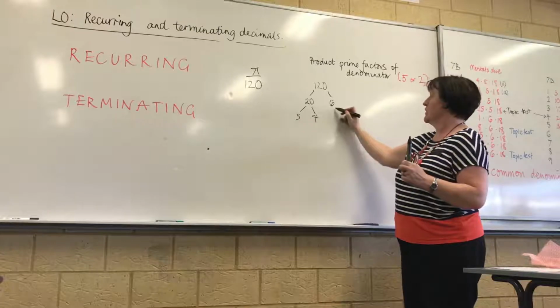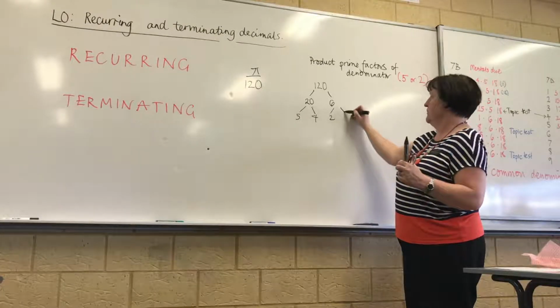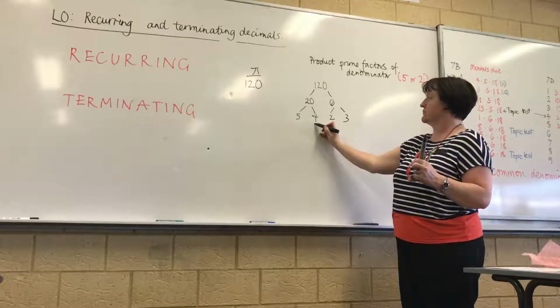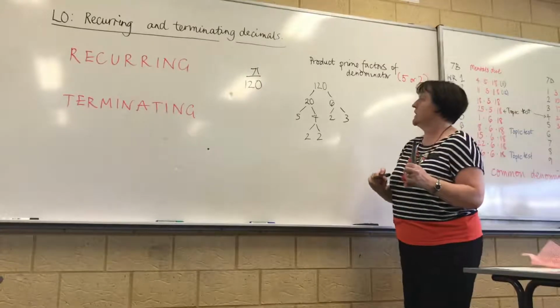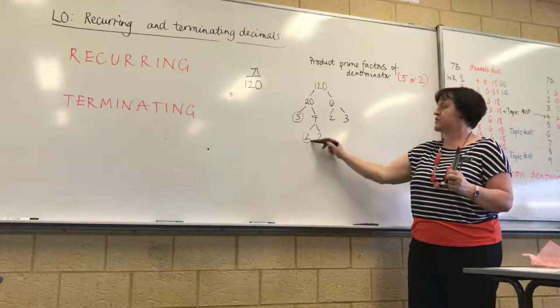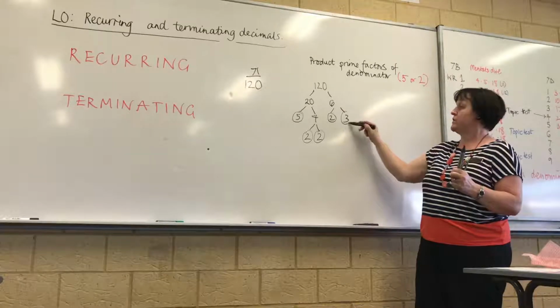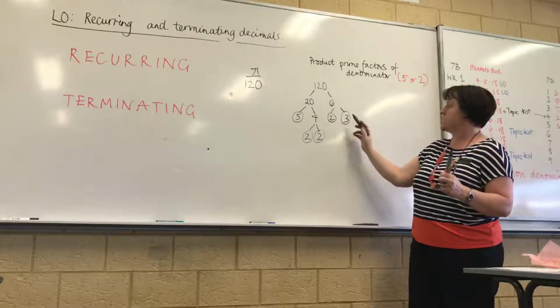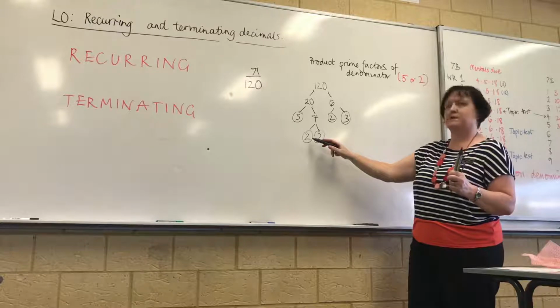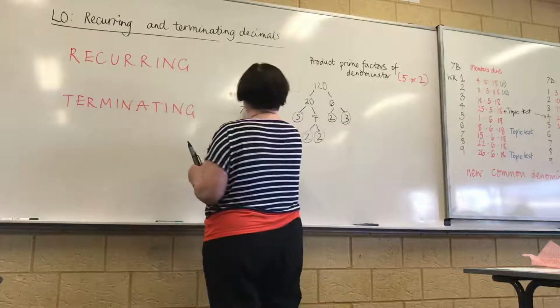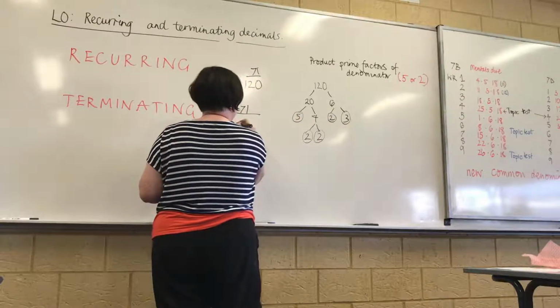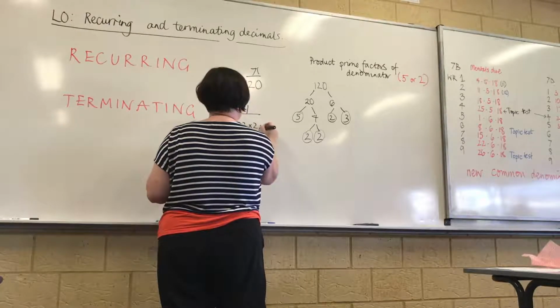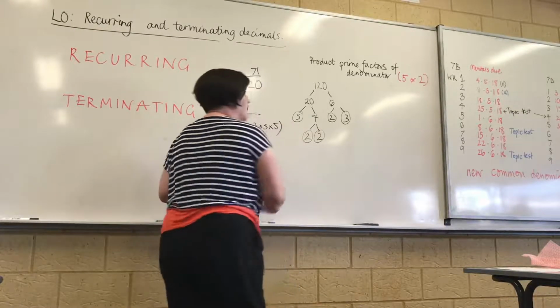And for the 4 it'd be 2 and 2. So we've got 5, 2, 2, 2 and 3. So 2 times 3 is 6, times 5 is 30, right. So it's 71 over 2 times 2 times 2 times 3 times 5.